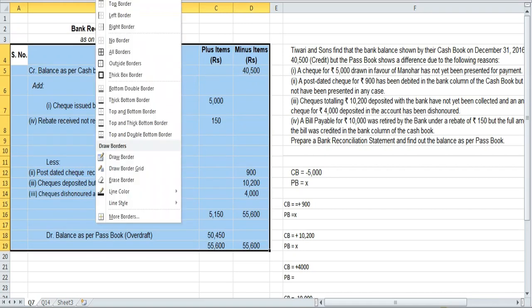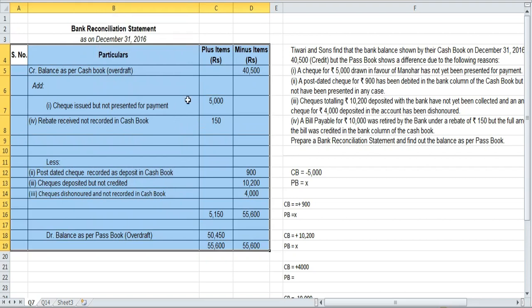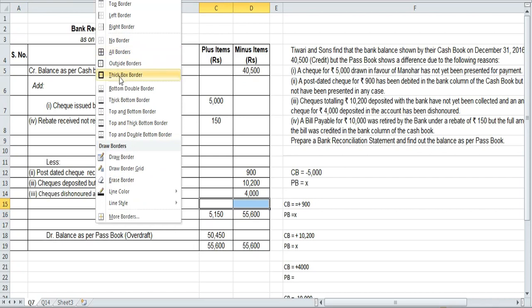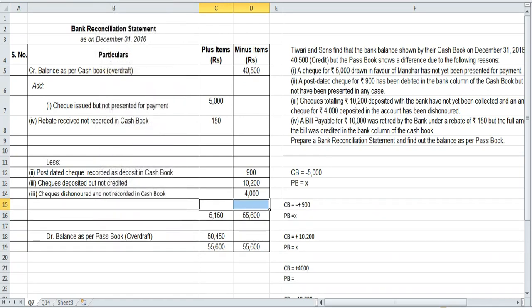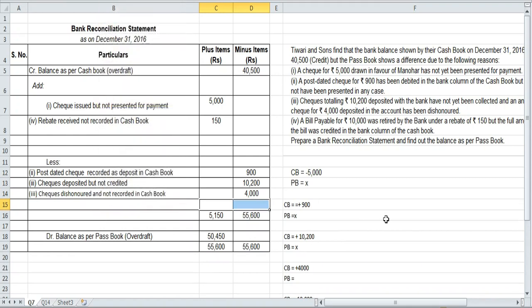Okay, so since here we're starting with the cash book, we have to move the cash book up and down and match with the passbook. Okay, so let me do here.